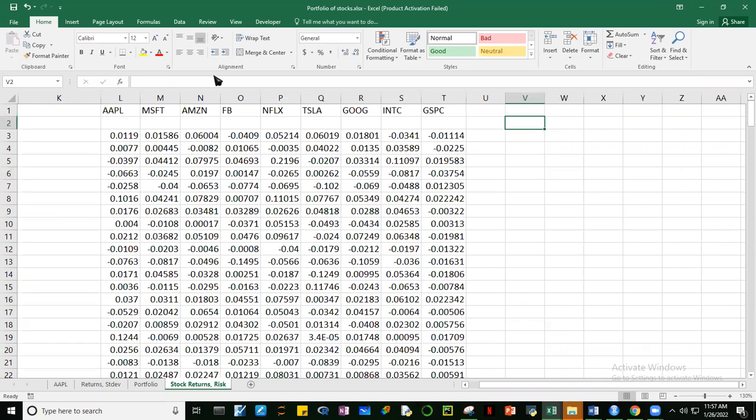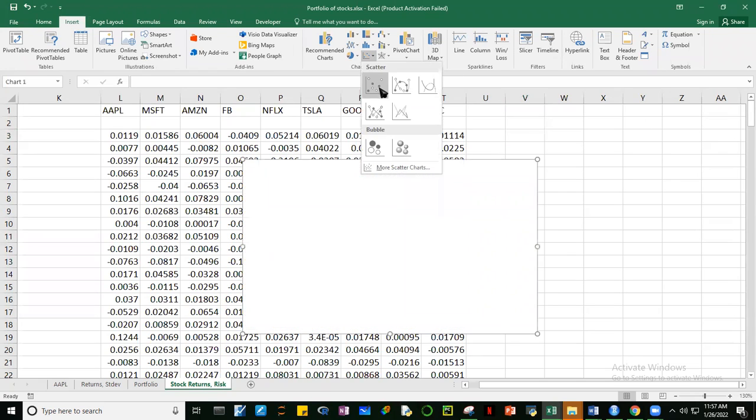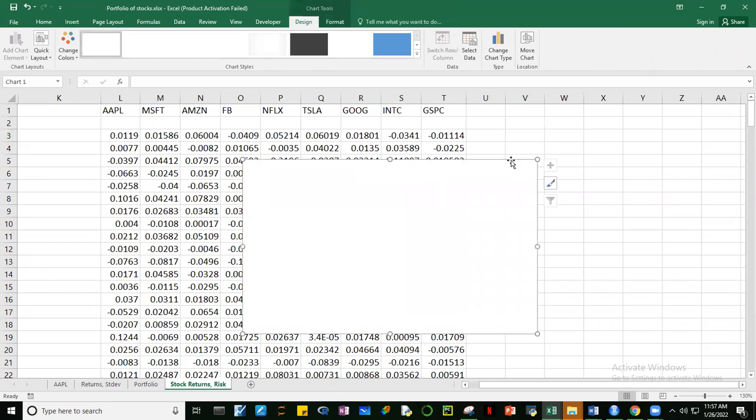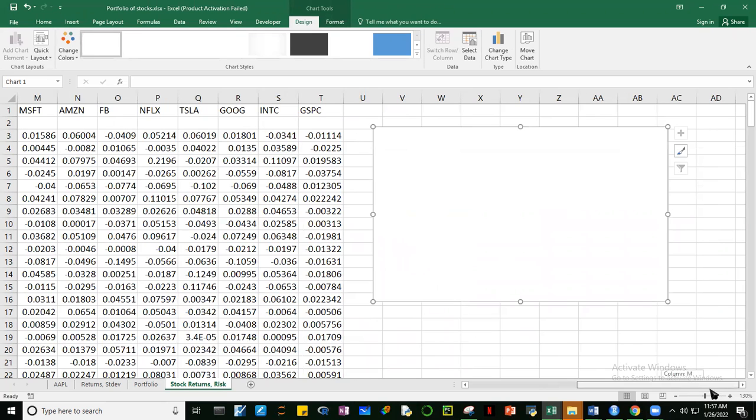One of the things we can do first is to plot the returns of Apple vis-a-vis GSPC. So let me insert a scatter plot. Let's insert a scatter plot. What happened? There. Okay. It's empty, because we haven't entered anything yet.